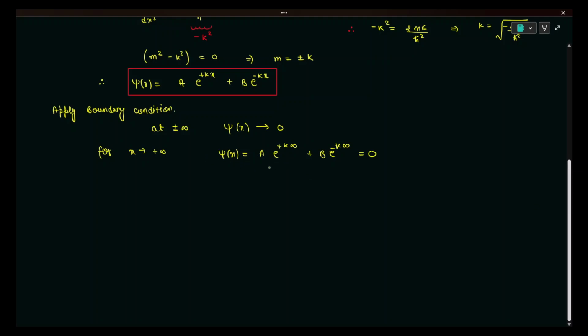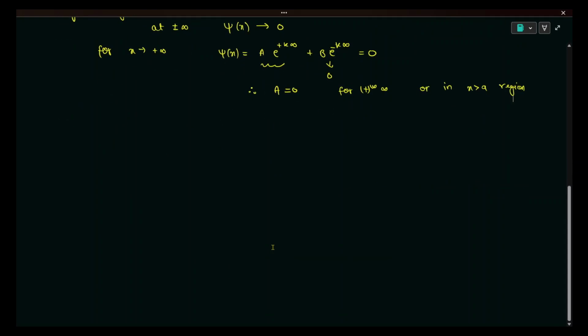This implies that e raised to power minus k infinity will anyway go to 0, but this other term will diverge. We don't want it to diverge, it should go to 0. Therefore this coefficient A has to be 0 for positive infinity, or I can say in the x greater than a region.